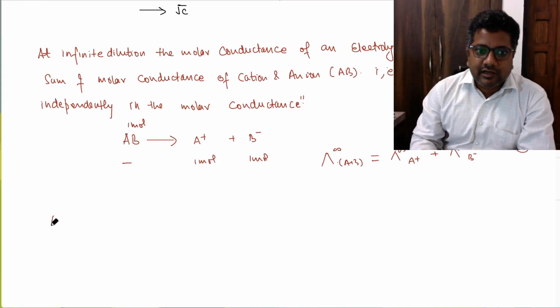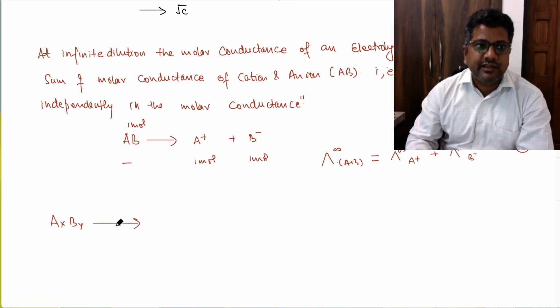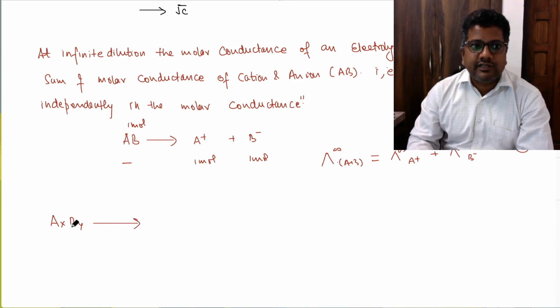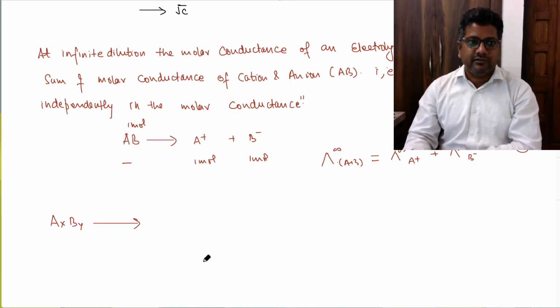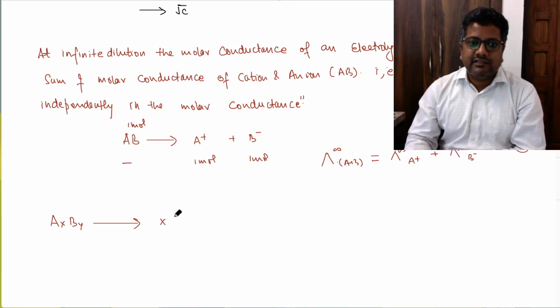suppose that your electrolyte is AxBy type. Now see, this is the chemistry. If you do not know how to dissociate this electrolyte, it will be difficult for you. So this will dissociate like this: xA^y+ plus yB^x-.